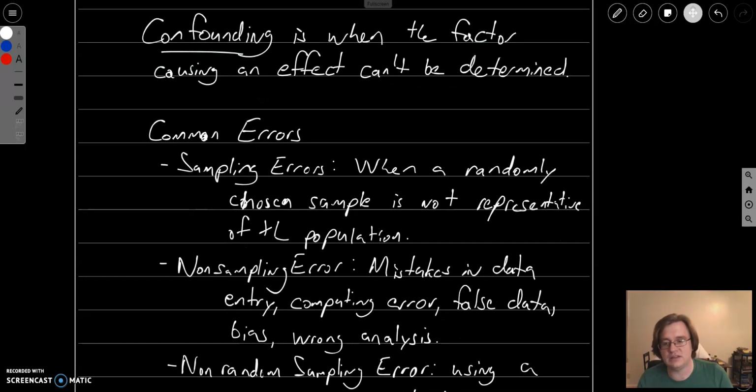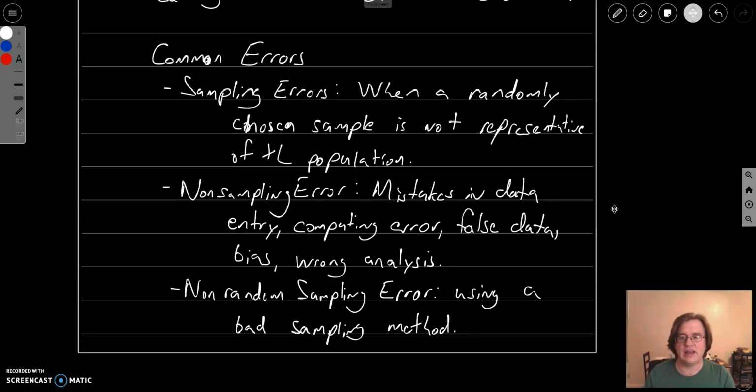And some other common errors that can happen: we do our analysis, we get some results, but they don't seem correct. Where could they have come from? One thing is sampling errors.